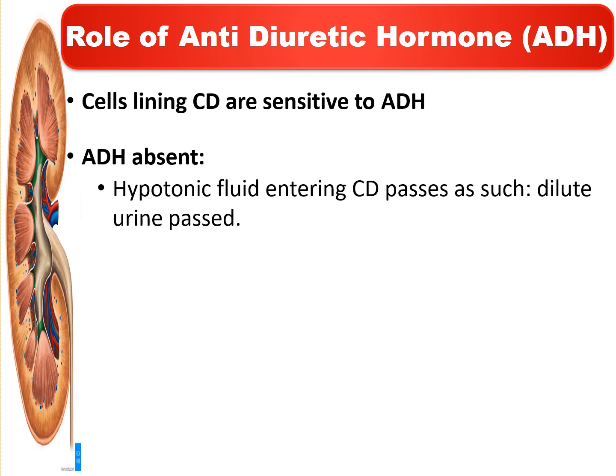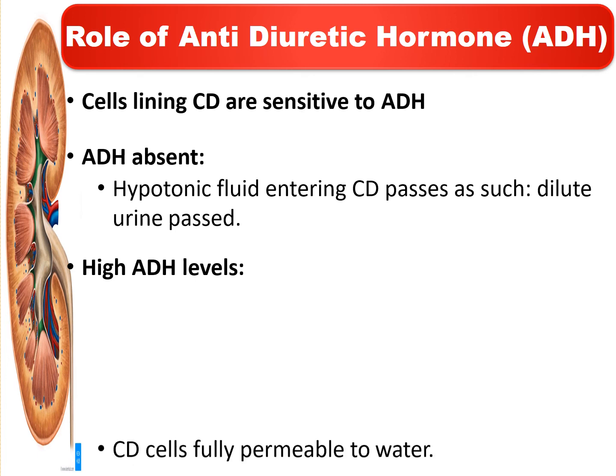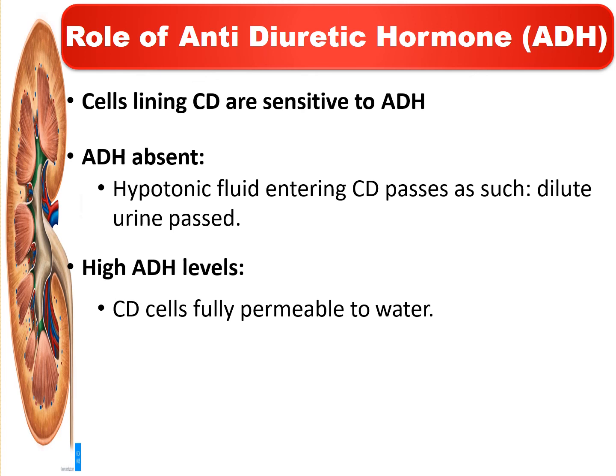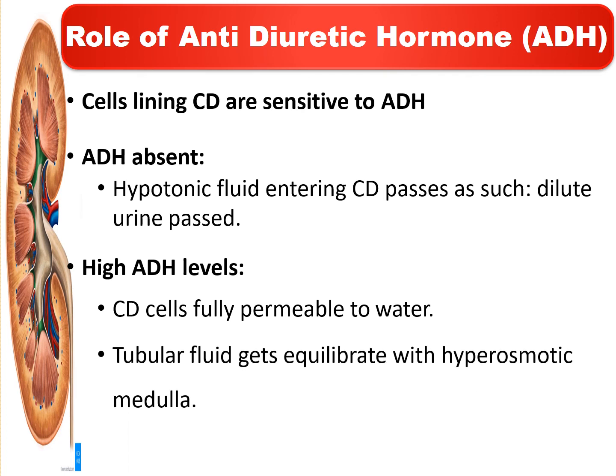That means dilute urine is passed. But if the level of antidiuretic hormone is high, then the collecting duct cells are fully permeable to water, so that the tubular fluid gets equilibrated with the hyperosmotic medulla, and concentrated urine is passed.